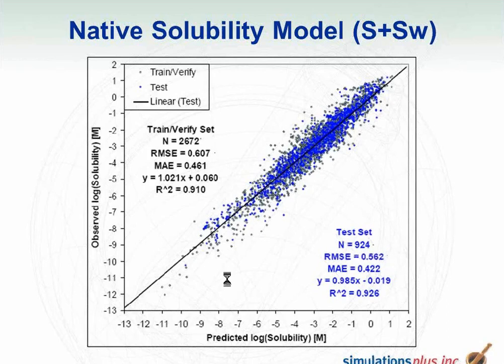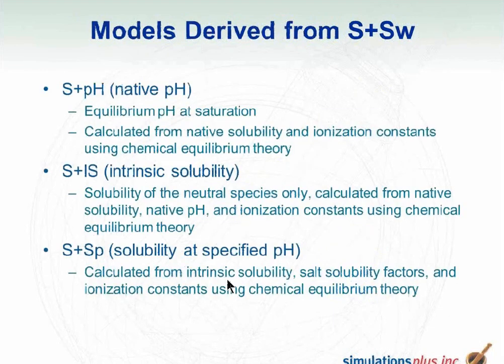Once we have a native water solubility model, we can derive other property predictions from it. The next one is the native pH, the equilibrium pH at saturation. It's calculated from the native solubility and our ionization constants from our pKa model.